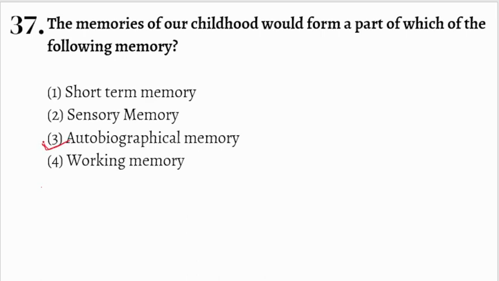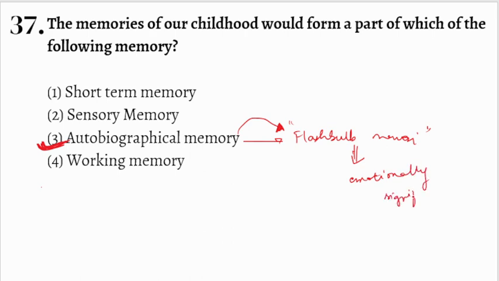It is going to be autobiographical memory, the memory of the person, and it can be somewhat related to flashbulb memories. Flashbulb memory is different from autobiographical memory, but it can be a part of it, as flashbulb memories are emotionally significant, or have intense emotions accompanied with them. So here the answer would be autobiographical memory.